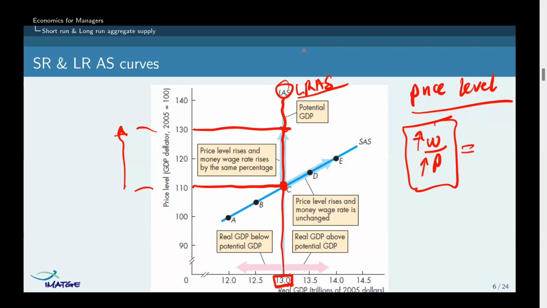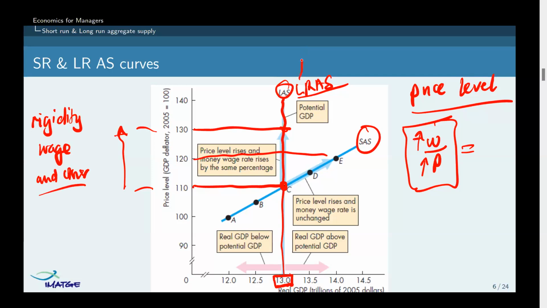That's why in the long run we have what? A vertical long run aggregate supply curve. In the short run, when prices increase, we assume that costs will be held constant; there is rigidity of what? Of wages and other costs.